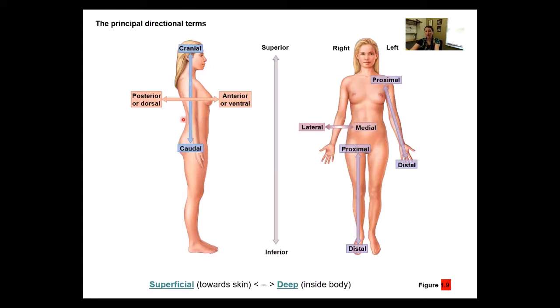The elbow is also superior to the wrist. Okay. The difference between these, however, superior, inferior, cranial, caudal, is that caudal is referring to the tail, right? So these terms are really only used with the torso and the head, right? As opposed to superior and inferior, which can be used for the entire body.